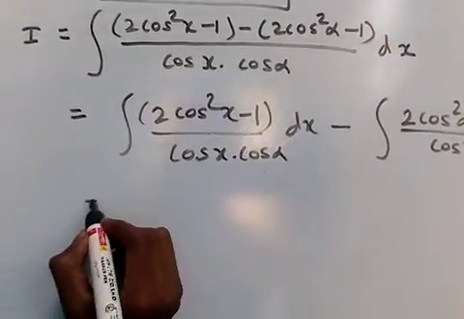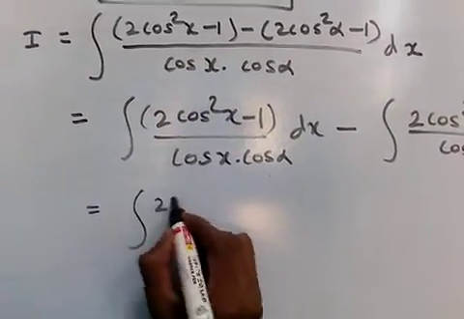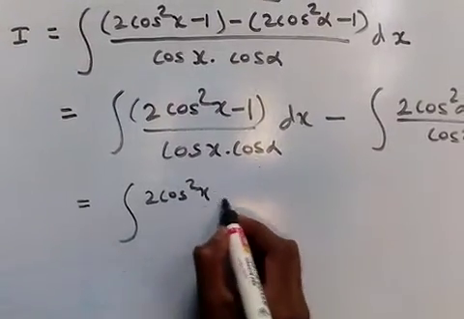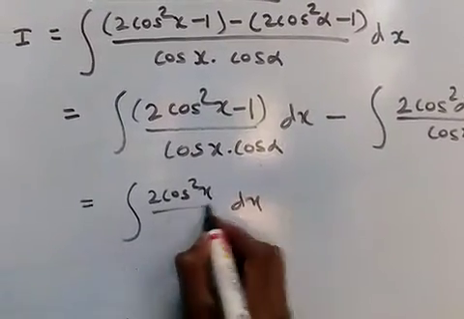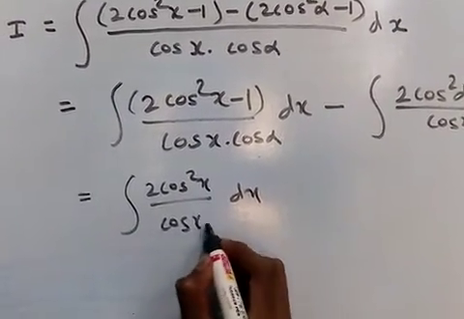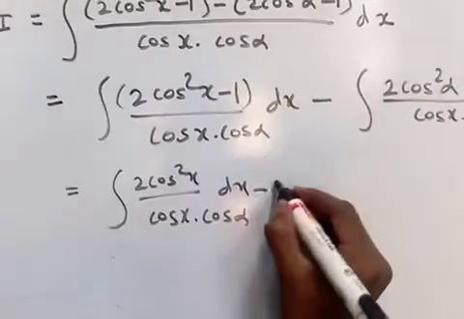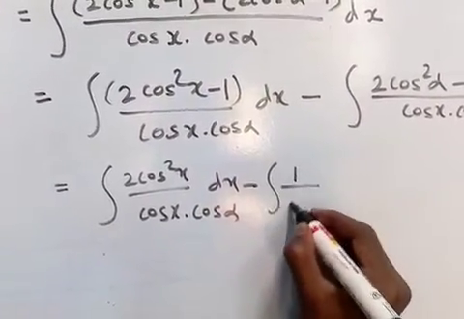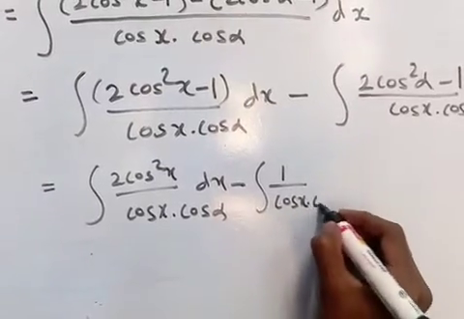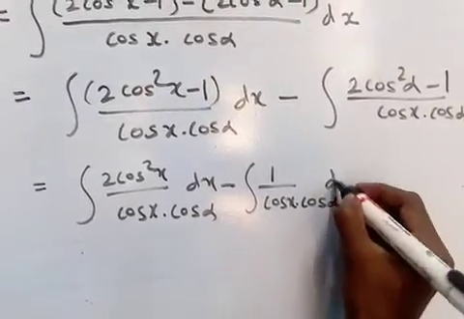Now it is equal to the integration of 2 cos square x dx upon (cos x into cos alpha) minus the integration of 1 upon (cos x into cos alpha) dx.